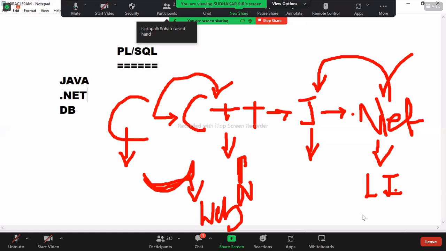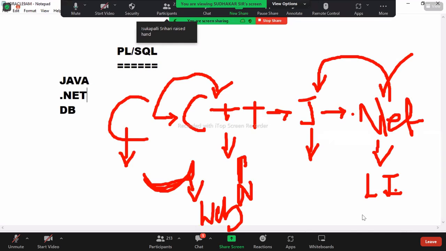What is language interoperability? It means supporting multiple languages. Java supports only one language, Java. But .NET supports almost 32 or 64 languages: C#.NET, VB.NET, C++.NET, Windows PowerShell, Iron Ruby, Iron Python, J#.NET.